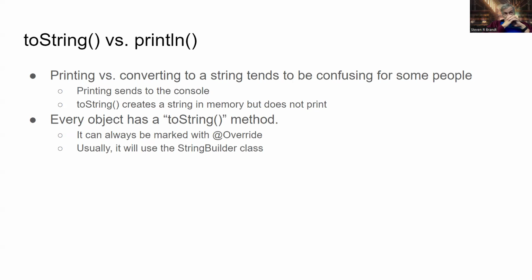So the notion is that I could put a println inside a toString, and if I did that, then when the toString method got called, something would print on the console. The toString method can be called implicitly by Java if, say, you want to append an object to a string. If you do that, Java will implicitly call the toString method on the object.